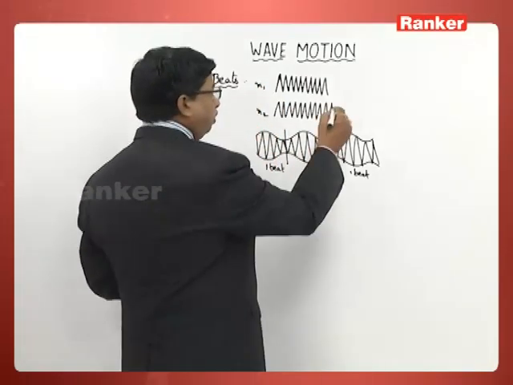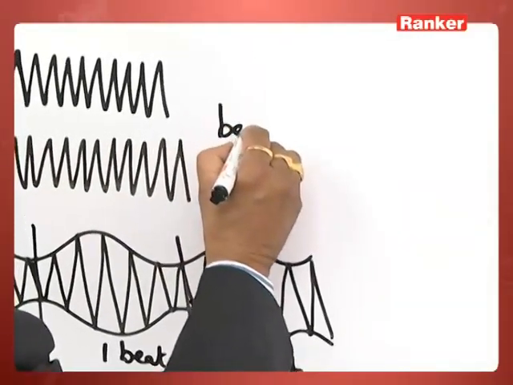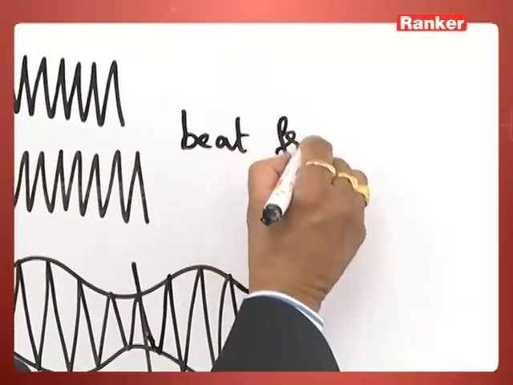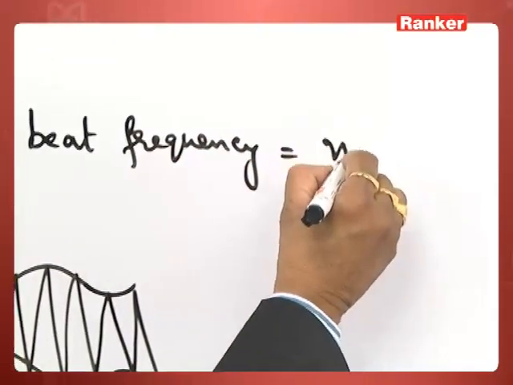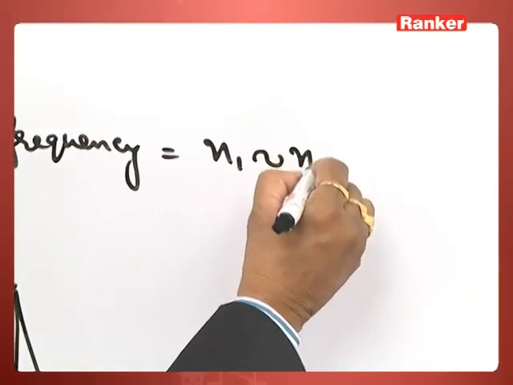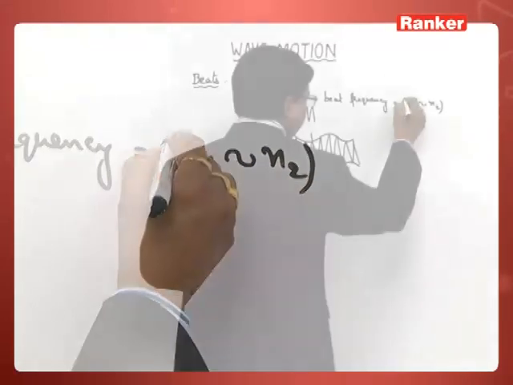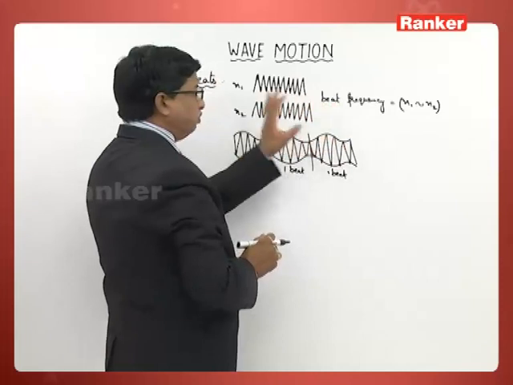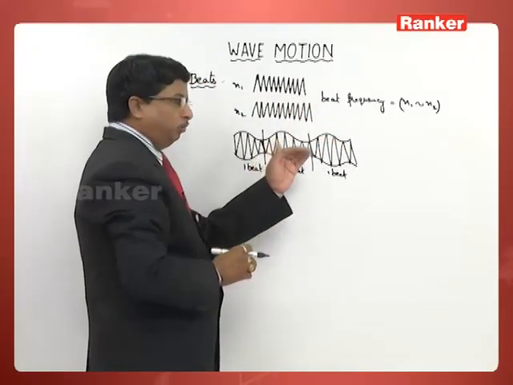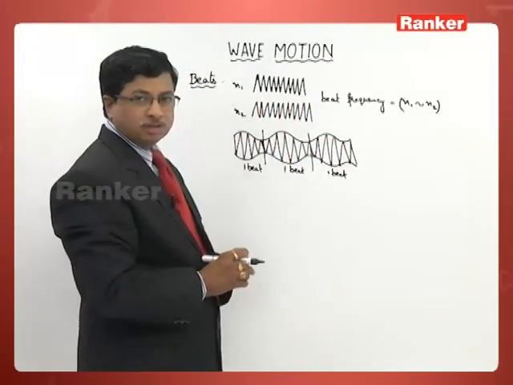When I write the equation, beat frequency is simply N1 minus N2, whichever is greater minus the smaller value.